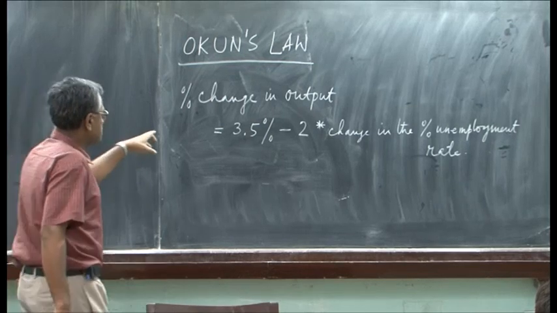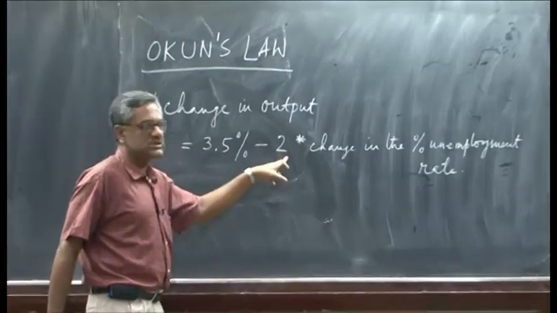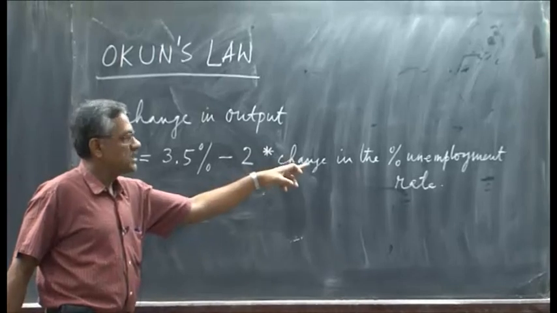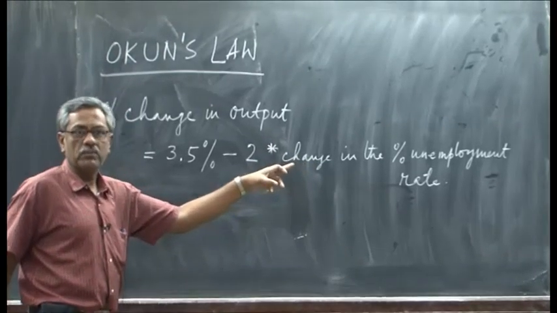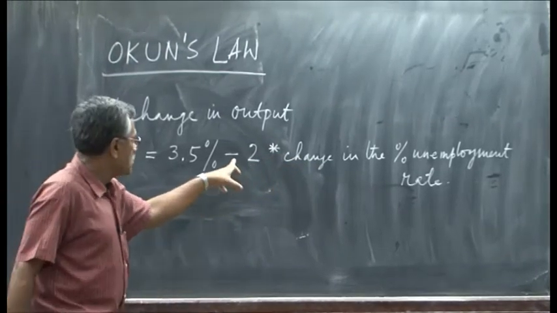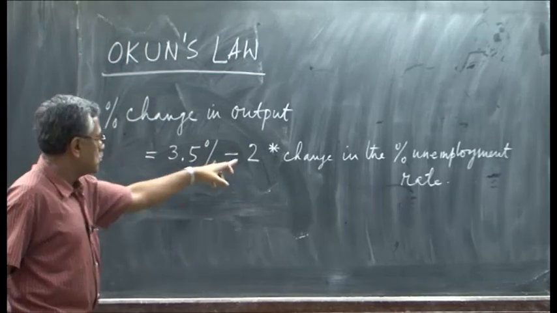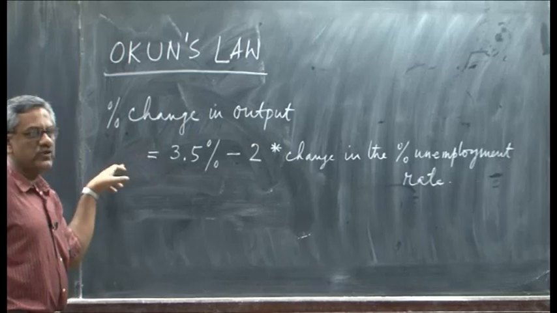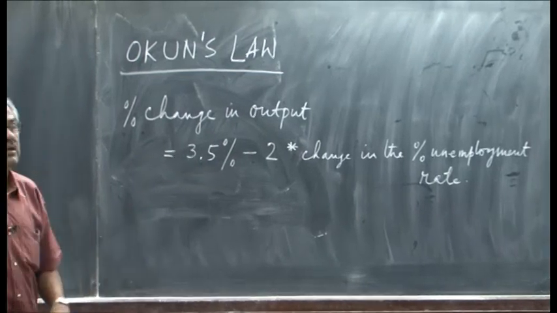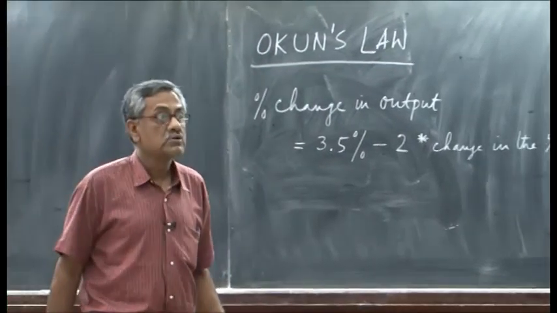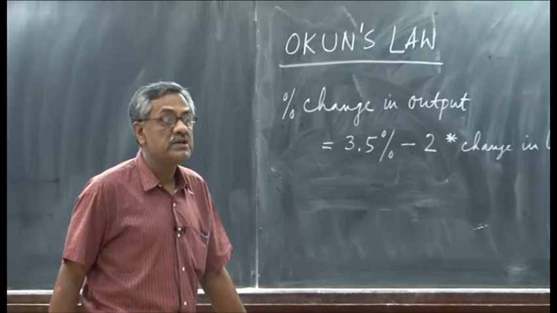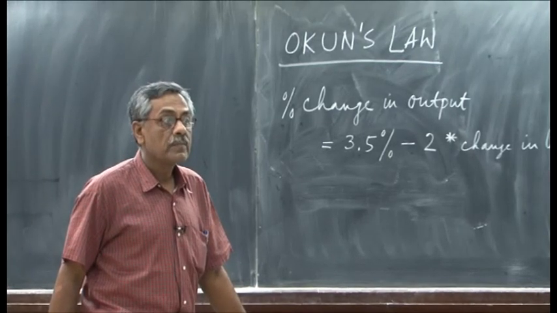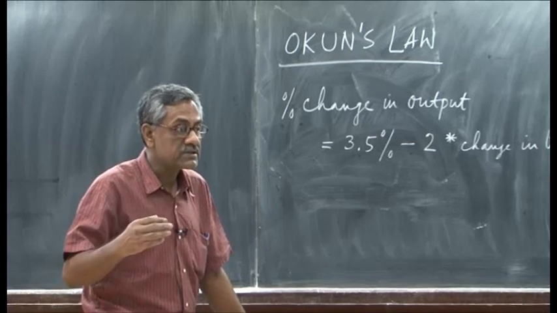So minus 6%, and this is minus 2% into the change in the percentage unemployment rate. So how much will the unemployment rate change? Minus minus will cancel out, so 6 divided by 2, 3 is the change in the percentage unemployment rate. So our unemployment rate will increase by 3 points.